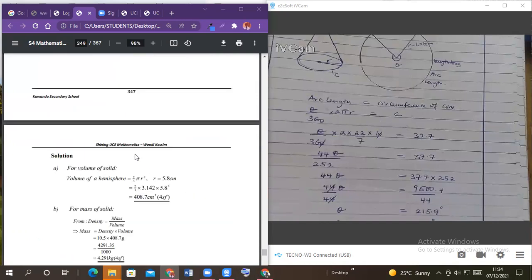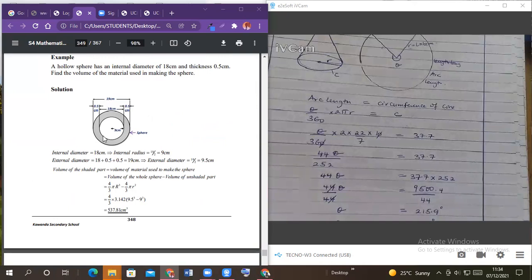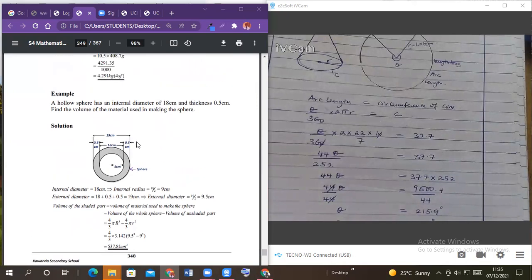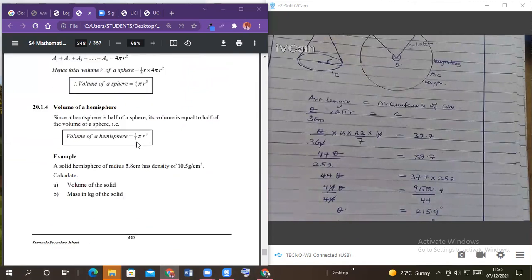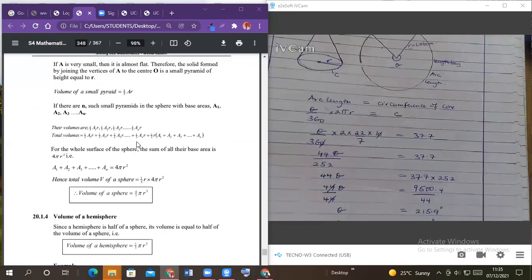Okay, let us look at a ring also. A ring is just playing around with circles, the area of the bigger circle minus the area of the smaller circle. Even for the sphere, the same thing.